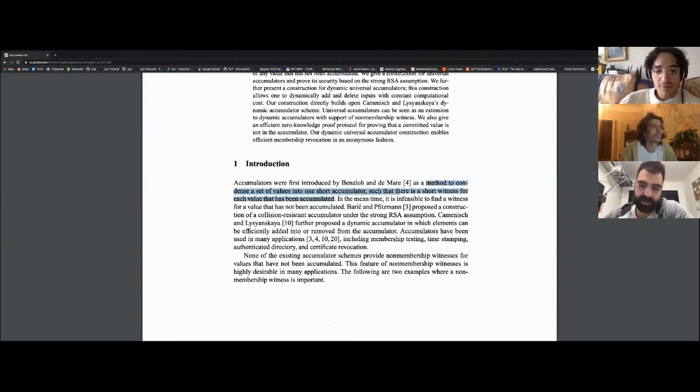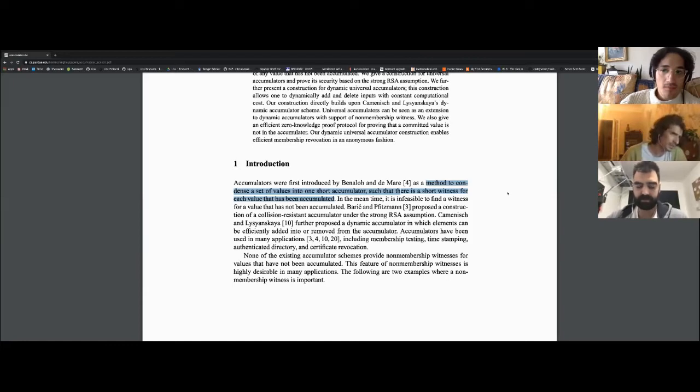Maybe we can show the example. This is the definition that I'm aligning here. You want to condense a set of values into one short accumulator, so in a single value, and there is a short witness for each value that has been accumulated. Here, short means efficient somehow, which we'll understand straightforwardly. Sorry, what that means.